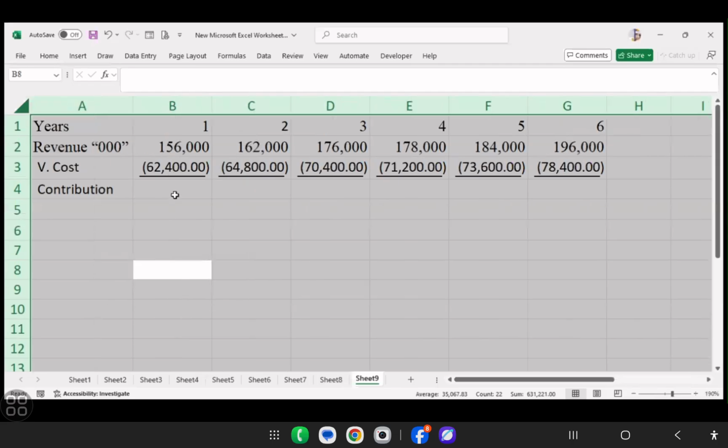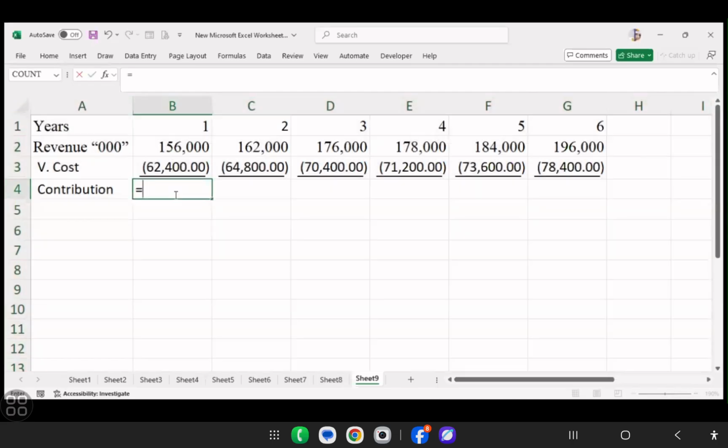My contribution equals that, which is 6 like that.